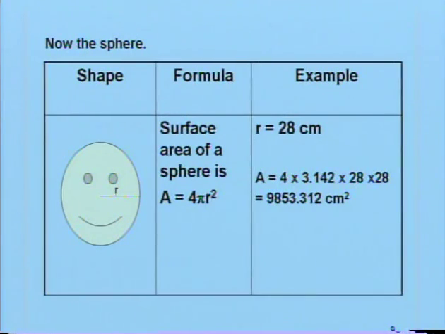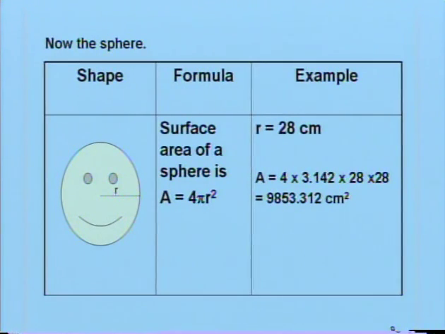Now the sphere. The radius of the sphere is given as r. The surface area of a sphere is given by the formula A is equal to 4 pi r squared. Let's see the example. R is equal to 28 centimeters.